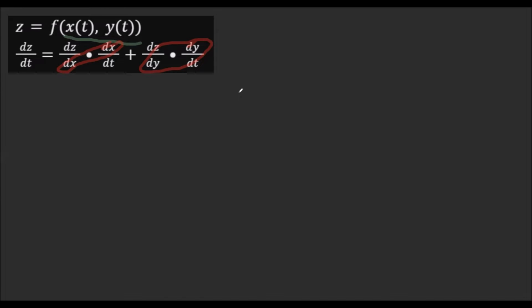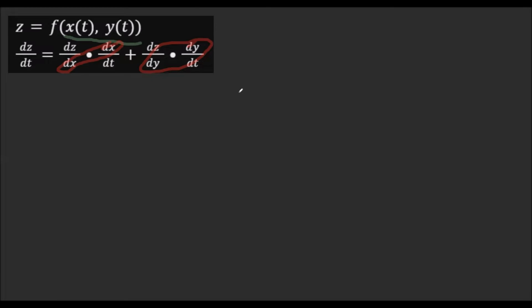And this is one process that can be employed to find the derivative with respect to the fundamental variable. But there are others. For instance, you can simply plug in your equations for x of t and y of t, or whatever your single variable functions may be, into your multivariable function, and then take the derivative.